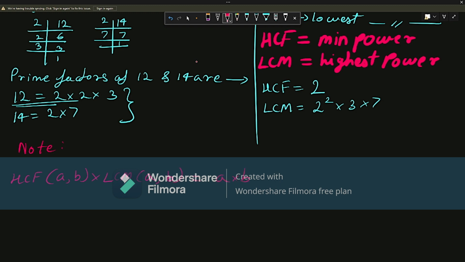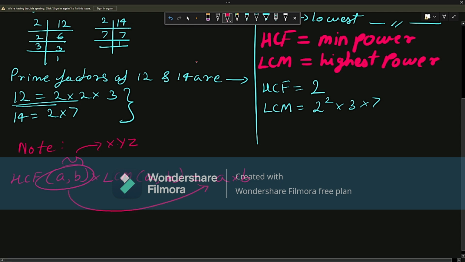This is the general formula. Now if in the question they have given some value here, then do not fear, because this value is actually the product of these two, right? So if they have given any value, just take it to the RHS side.